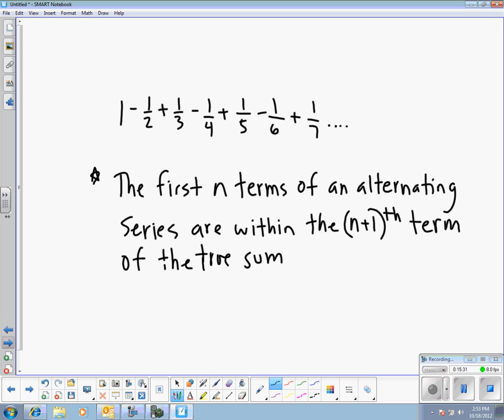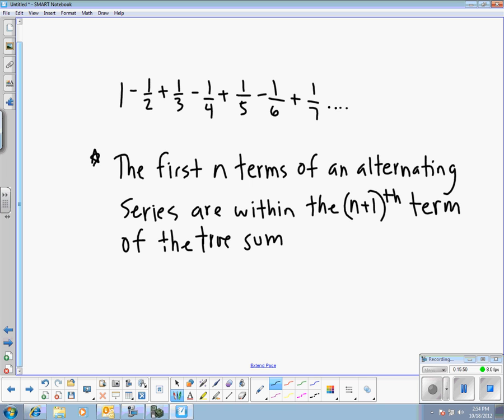For example, 1 minus a half plus a third minus a fourth adds up to some finite amount. What is it? I don't know. But if I add up the first 7 terms, I know that I am within the size of the 8th term of the true value.